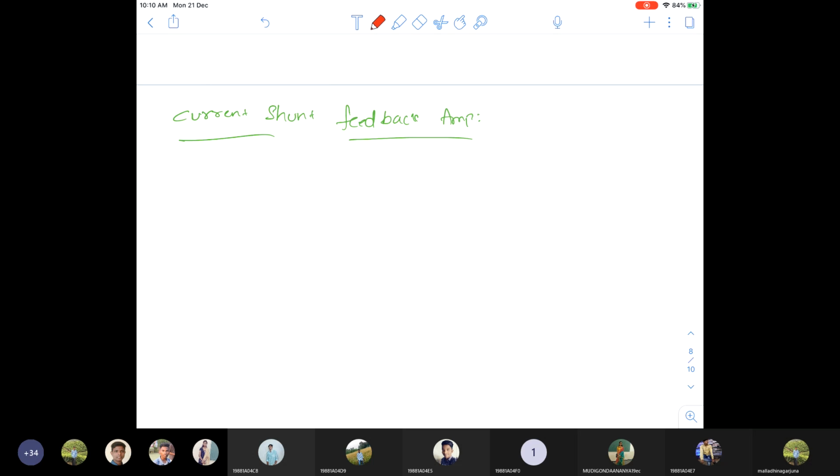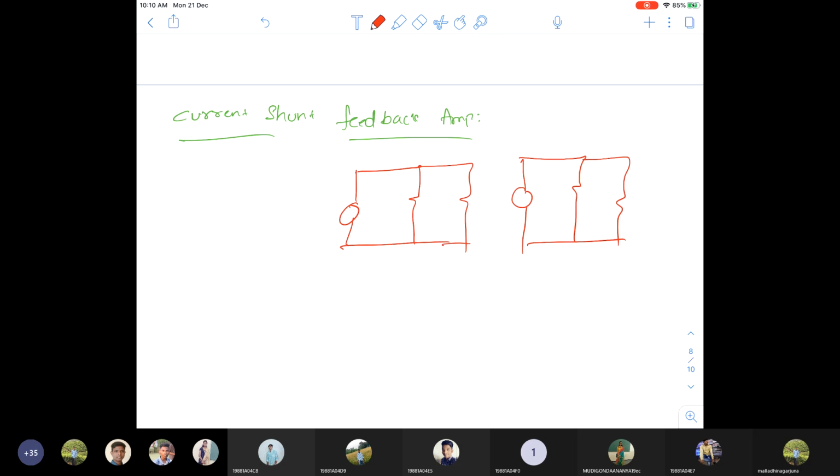What is the basic amplifier for current shunt? Current amplifier. So recall your current amplifier structure. So input is shunt, no? So feedback will be parallel.